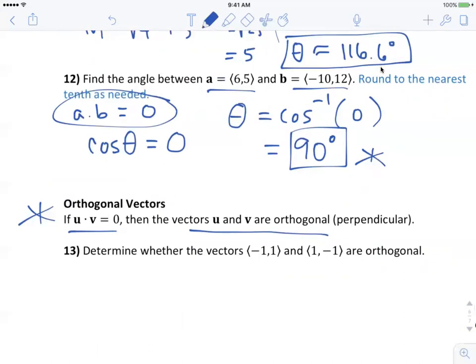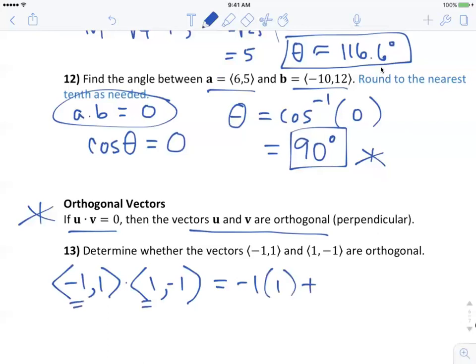So the last type of question, are these two vectors orthogonal? Are they perpendicular? Is the angle between them 90? What you're going to do is the dot product and see if it's equal to 0. Okay, so I multiply the horizontal components, -1 times 1. That's those first two.